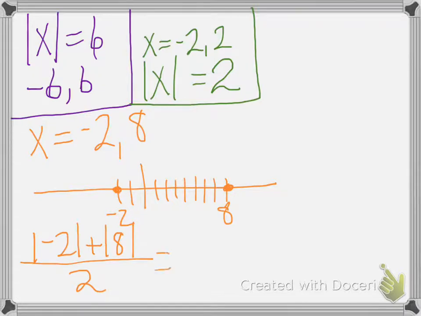So that gives me 2 plus 8, or 10, divided by 2 is 5. So that means I should be able to count 5 from each side and get to the middle, right? Okay, 1, 2, 3, 4, 5. Let's see if that works here. 1, 2, 3, 4, 5. Very good.